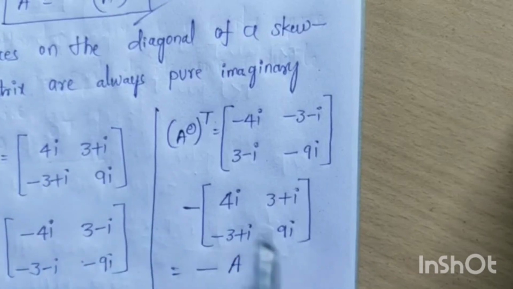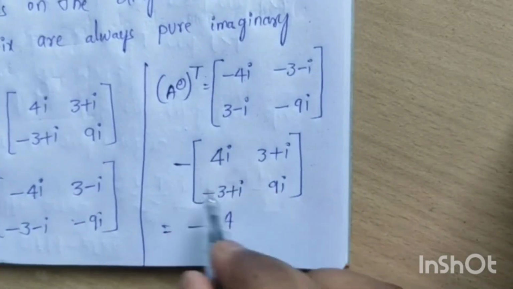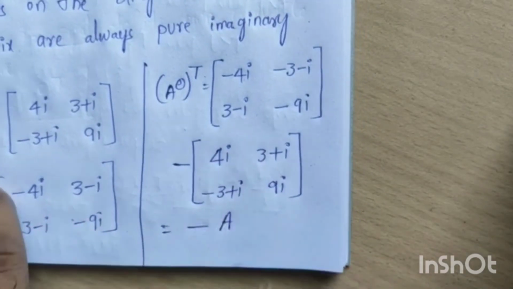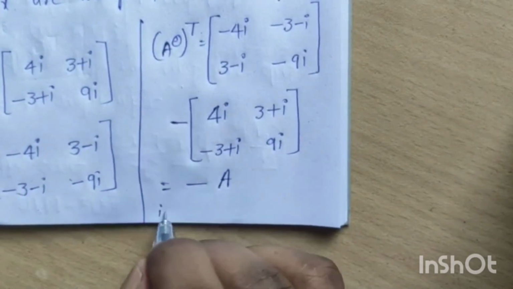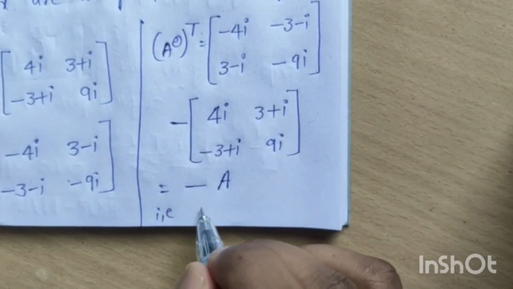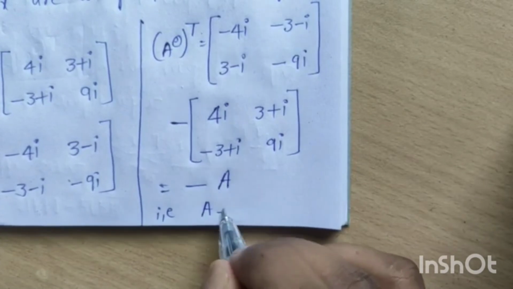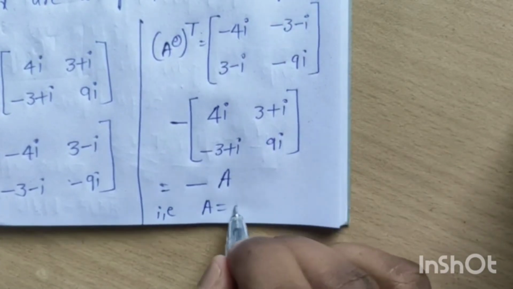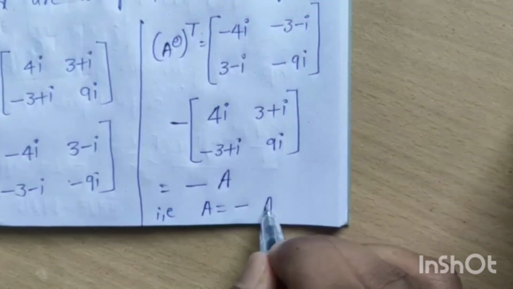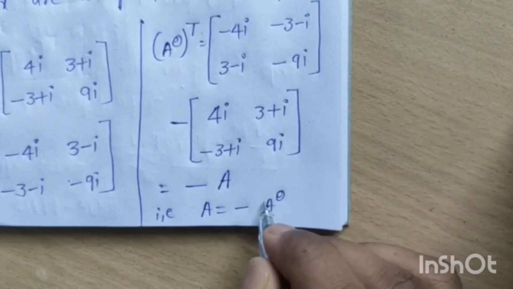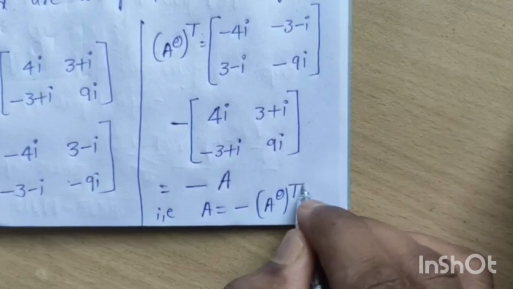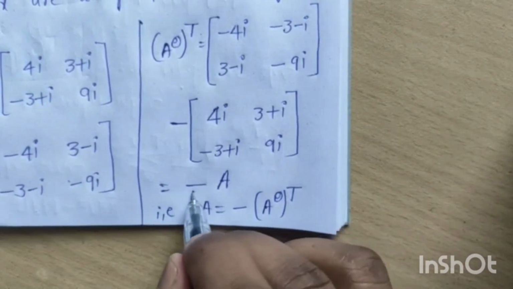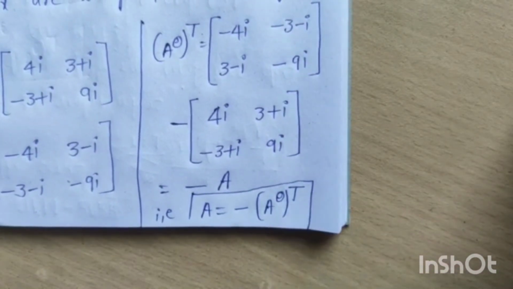That is, A equals the negative of A conjugate whole transpose, which is called a skew-Hermitian matrix.